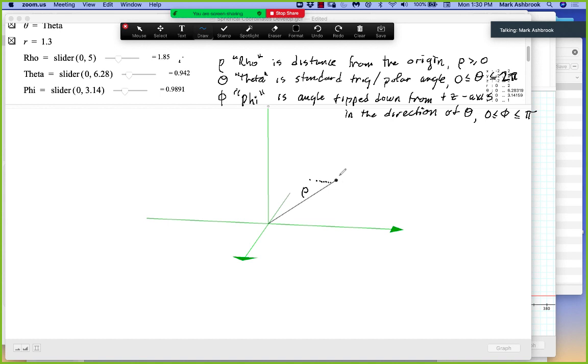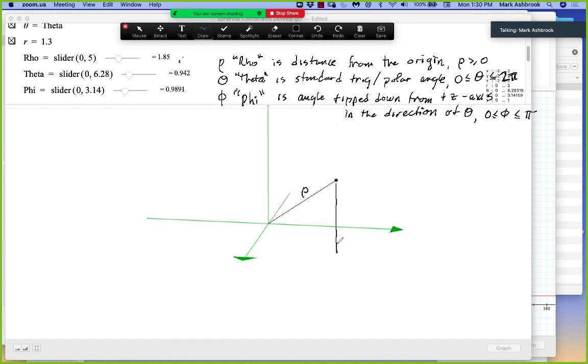I want to do that down in the xy plane, rather than up here floating. So what I want to do is drop a vertical here. And if this made it to the horizontal plane, what coordinate is that right there?